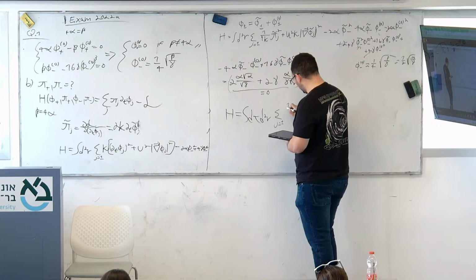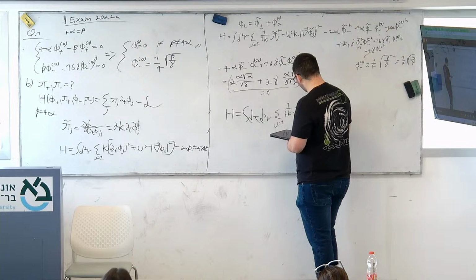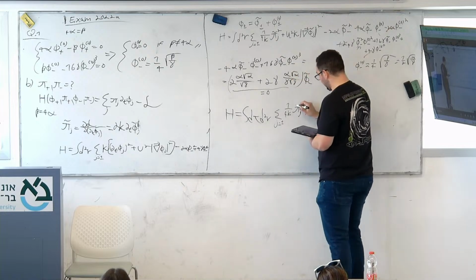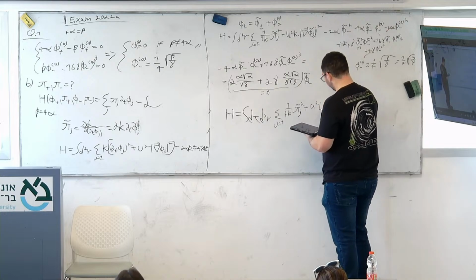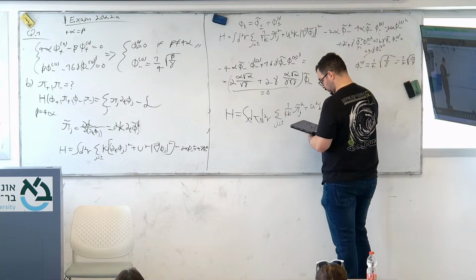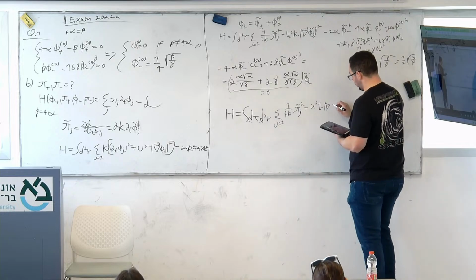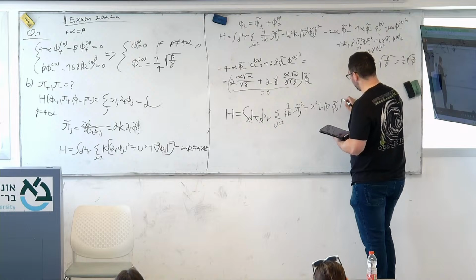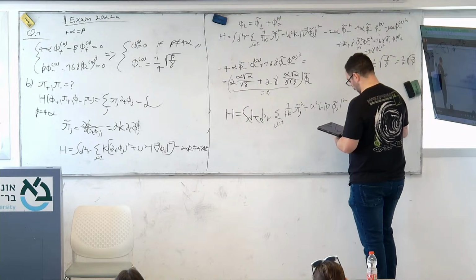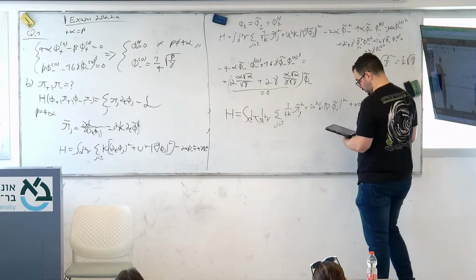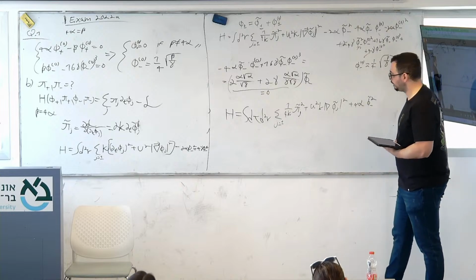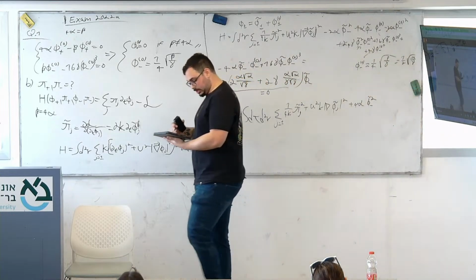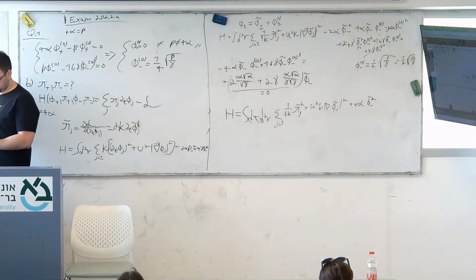It's 1 over 4 kappa pi squared plus u squared kappa phi squared plus 4 alpha phi squared. That's all we're left with.